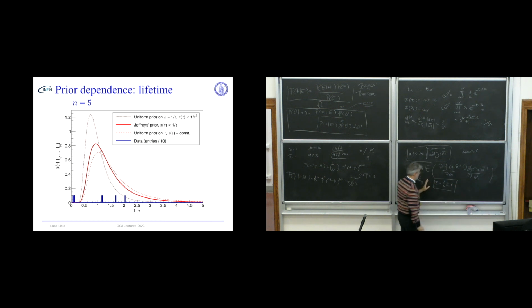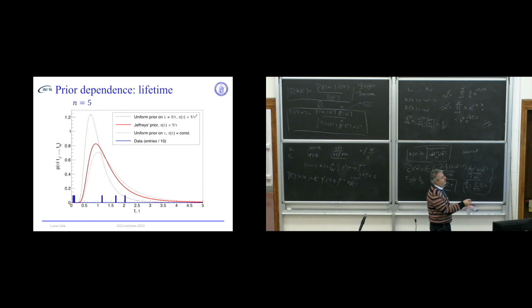So the lifetime which gives you the largest probability is the arithmetic mean of all the measurements. If you use the lambda to the minus 2 prior, you end up with tau prime, which is 1 over lambda, equal to 1 divided by n minus 2 sum of ti. So you see the distributions are very similar, but the maximum, instead of corresponding to the arithmetic mean, is shifted to the right.